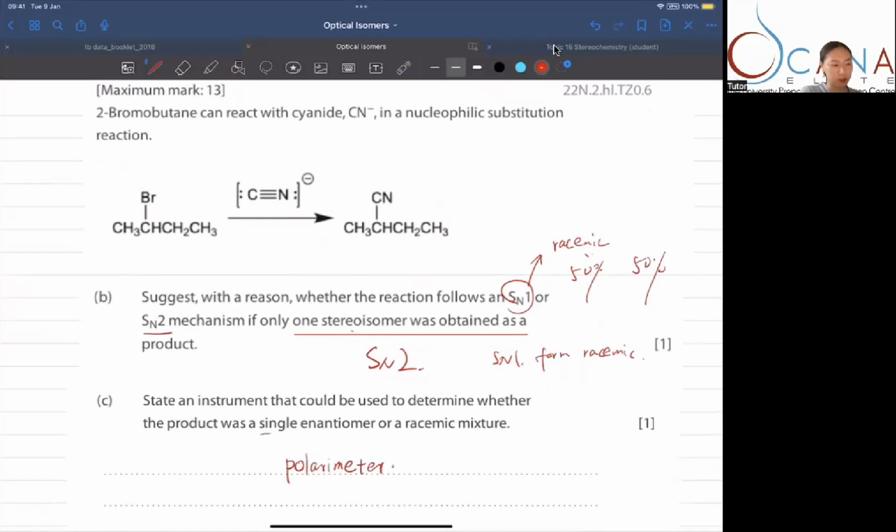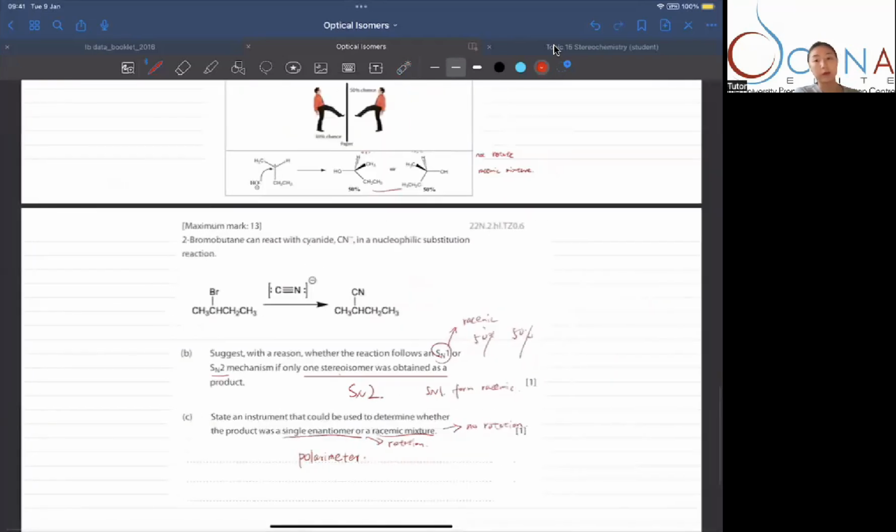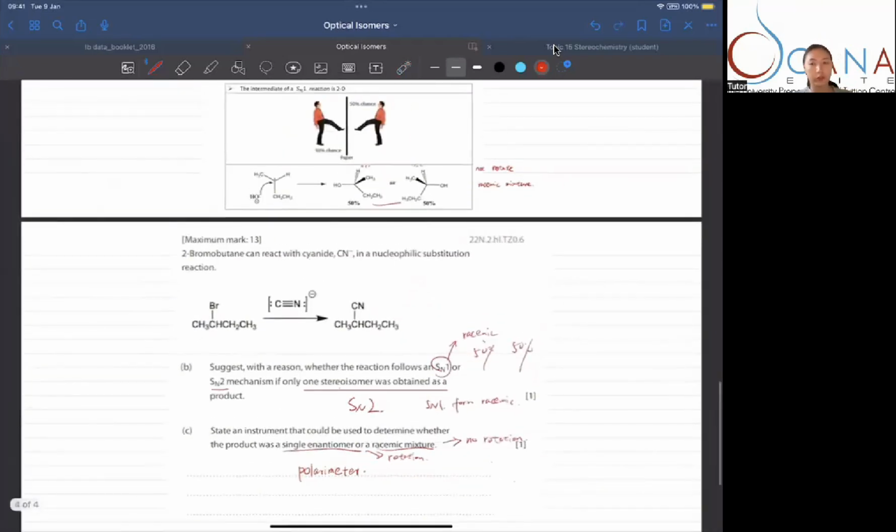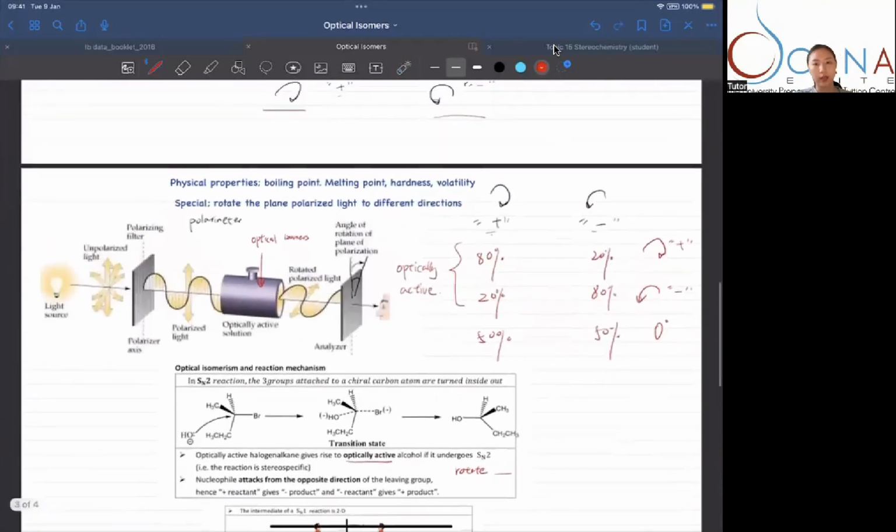If there is a single enantiomer in the sample, only one, or a different ratio, you will see a rotation. However, if it's a racemic mixture, then you won't see a rotation. And that's the application of the knowledge of stereoisomers to the reaction mechanism.